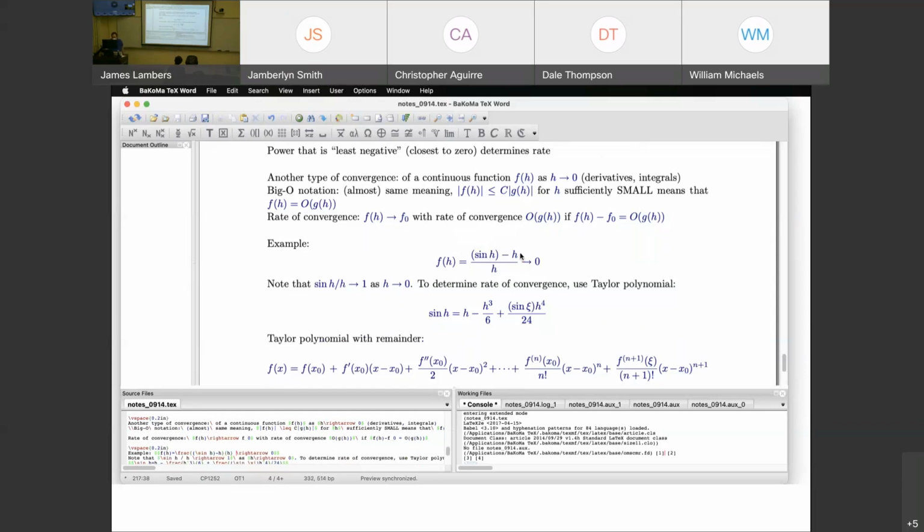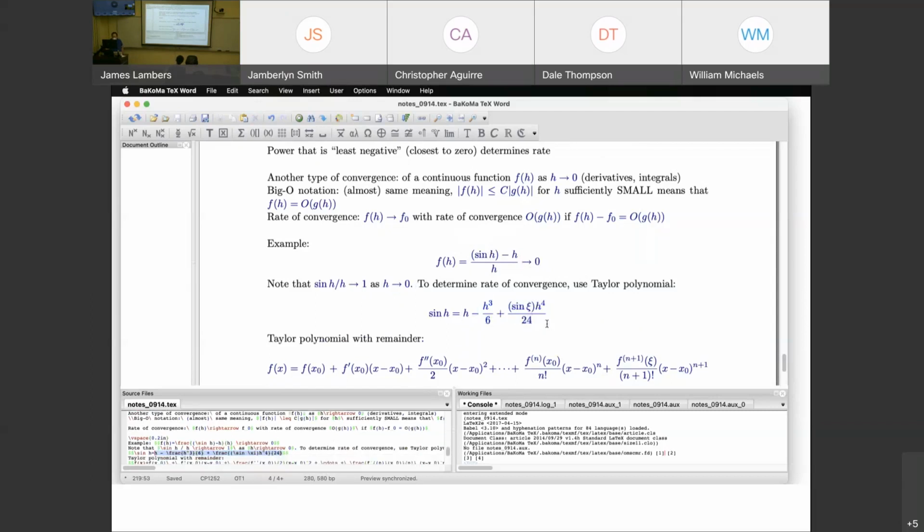That can be used to figure out that this limit is 0. So what we can do is replace sine h with a Taylor polynomial. So I've chosen this remainder term. So we have the first two terms of a familiar Maclaurin series, expanding around h equals 0, and then this is the remainder.